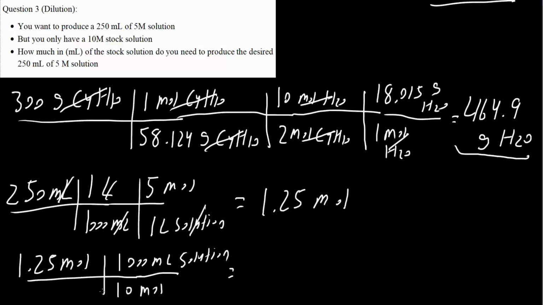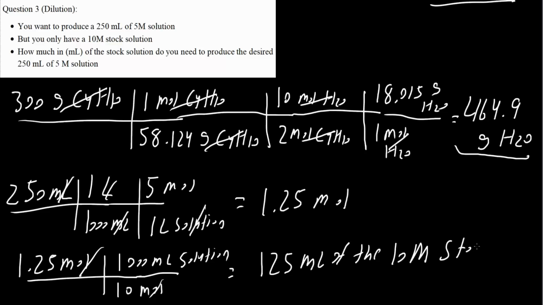Now we multiply it out. You would get 1.25 times 1,000 divided by 10, and we would get 125 mL of the 10 molar stock solution. And that's all we need to do for these 3 problems.